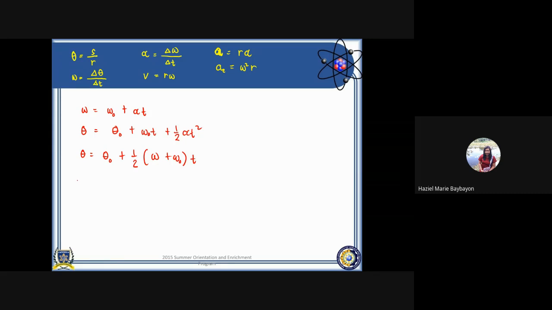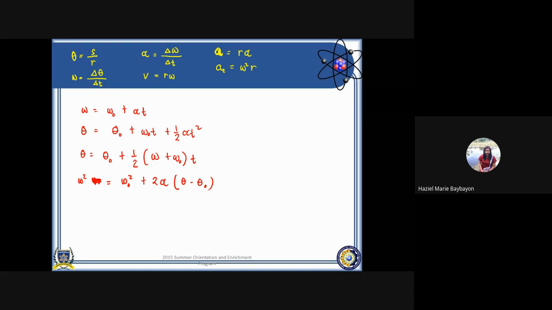And then lastly, omega squared is equal to omega naught squared plus 2 alpha times theta minus theta naught. These are the kinematics equations for rotational motion.